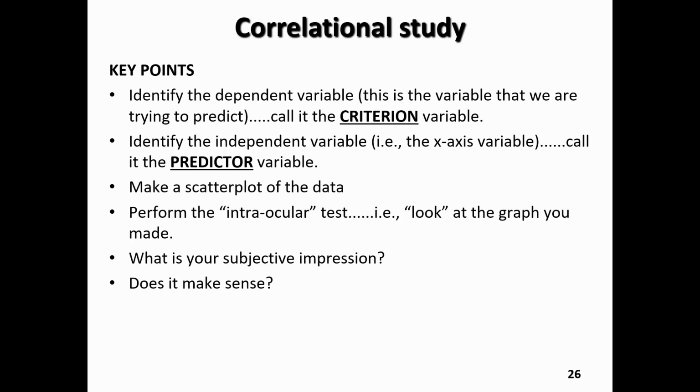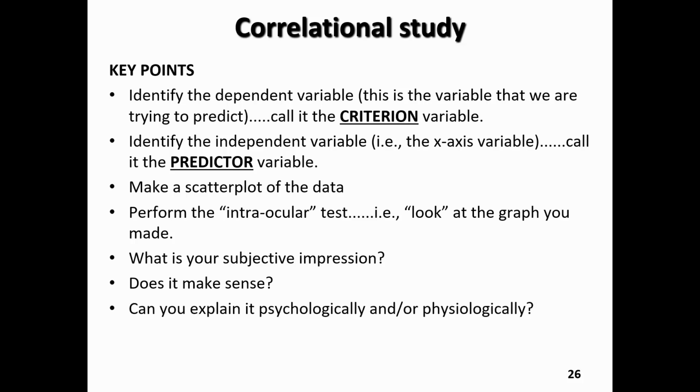If there is an emerging pattern, or if there is no pattern, does it make sense? And when I say does it make sense, I mean in terms of what the researcher might have hypothesized the outcome to be. Can the pattern be explained psychologically or physiologically?